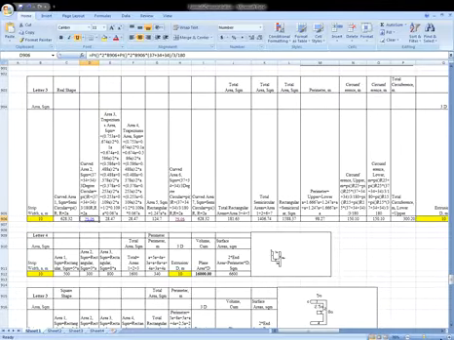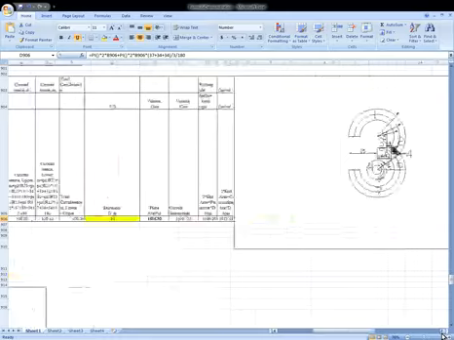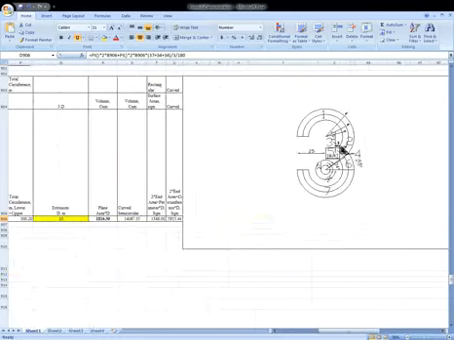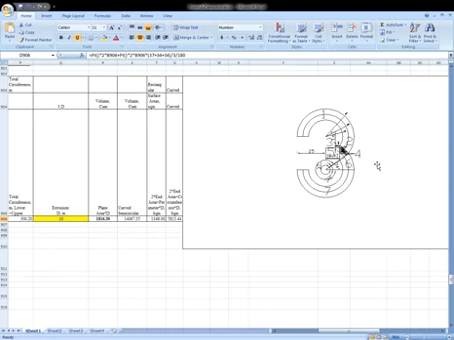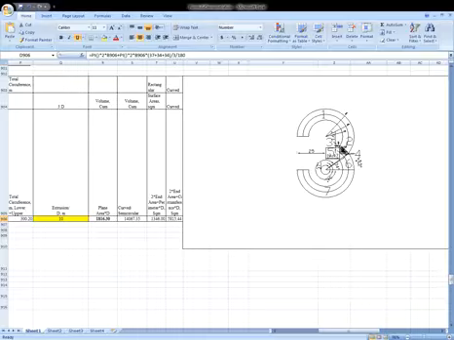I made a mistake, I think. It should be curve length only, not the other one. We are taking up to here, this angle up to here.